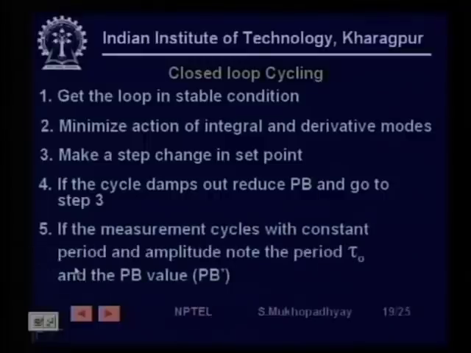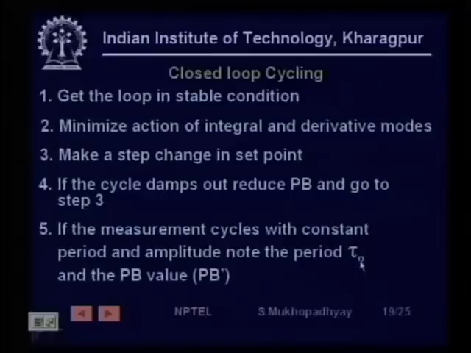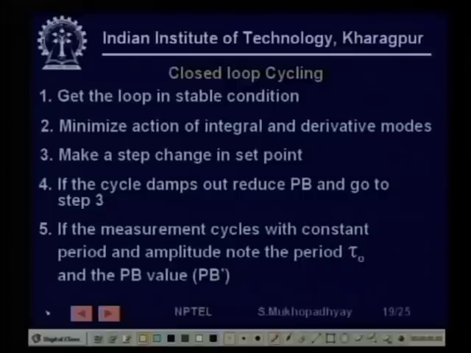If the measurement cycles with constant period and amplitude, note this period tau and the PB value, that is, the gain which has made the plant oscillate. This is called the ultimate gain, right. So now you have two values, one is this PB star, which is the ultimate gain, and another is the period tau naught.